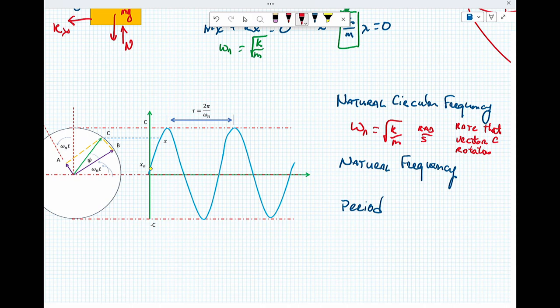If I look at natural frequency, that is equal to omega n divided by 2 pi, and it has units of hertz, or Hz.